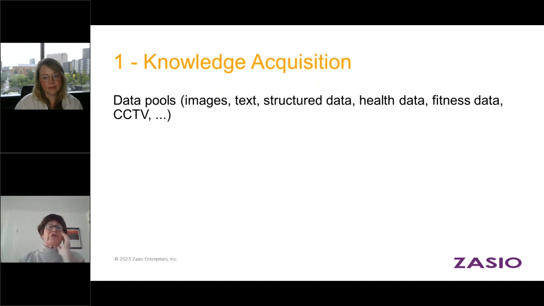Let's take a look at knowledge acquisition. As I mentioned, that can be anything: images, text, health data, fitness trackers, your CCTV, surveillance cameras, anything can be used. And I think this is always where we need to make sure what it is that I contribute as a consumer, as a private person, as a professional, with my family.